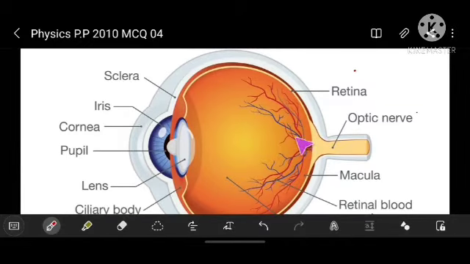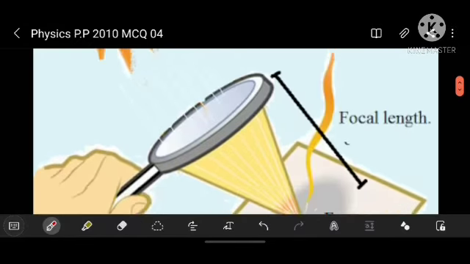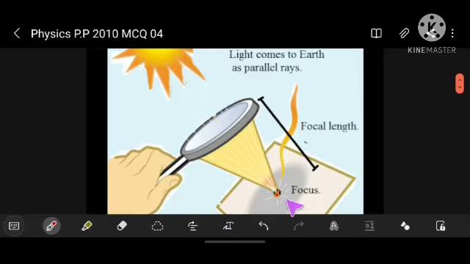We need to form an image, and the only way you are going to form an image is with a convex lens. Now you recall when you were a child playing with magnifying glasses, and after a few minutes the paper would start to smoke and you'd burn a hole in the paper. Well, what it's actually done is it's formed an image of the sun.